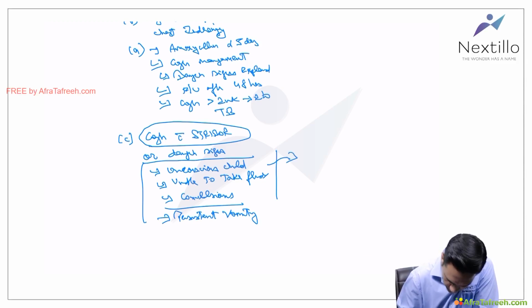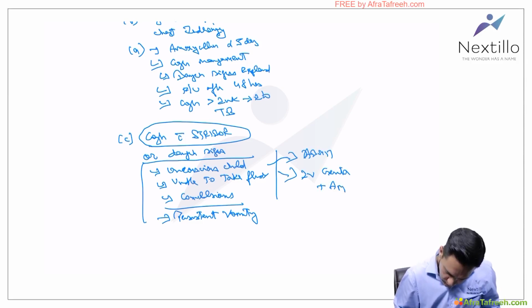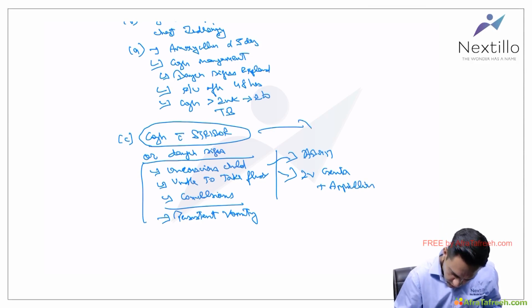We will admit, and this will be given IV Genta plus ampicillin, and this will fall in the category of severe pneumonia.